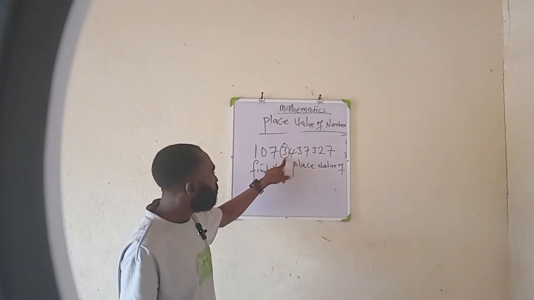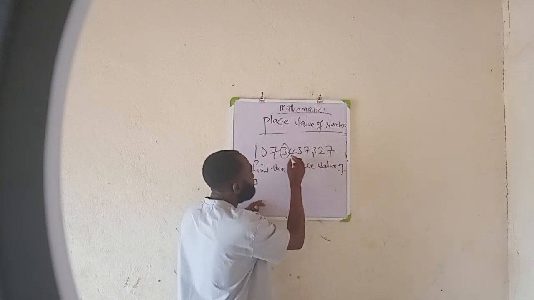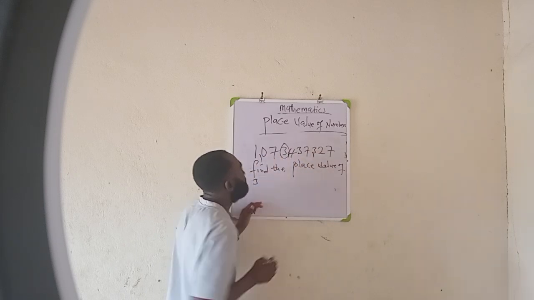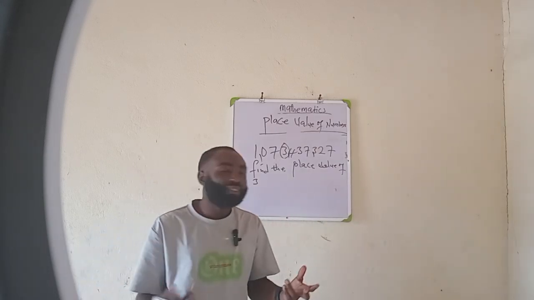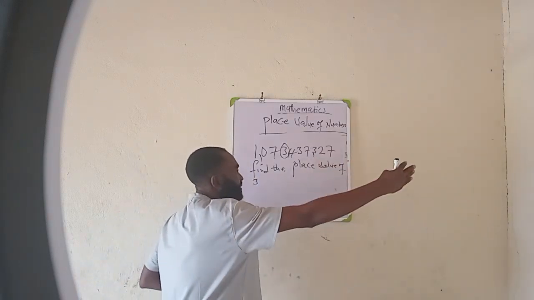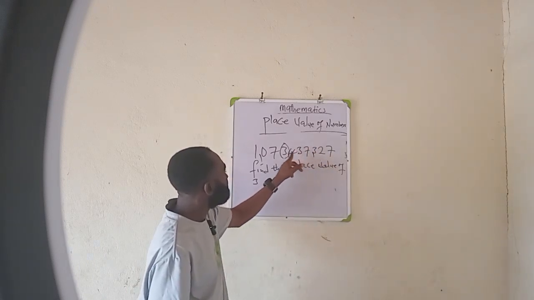What you will do is first separate this 1, 2, 3. After separating it, you come to the right hand side and count 1, 2, 3, 4, 5, 6, 7, 8, 9, 10.